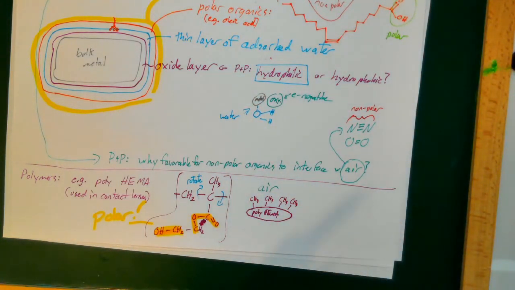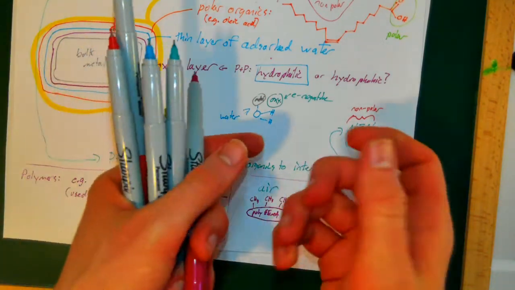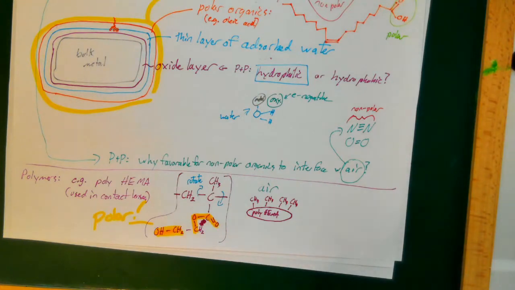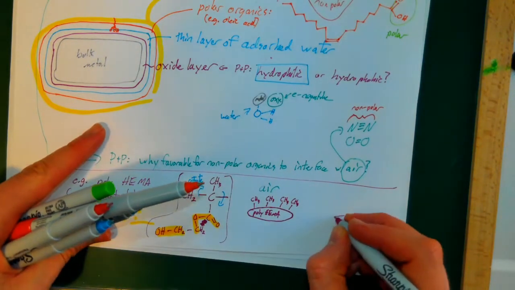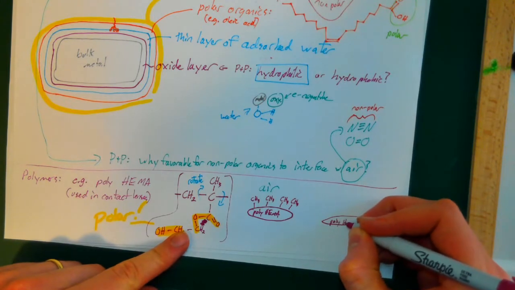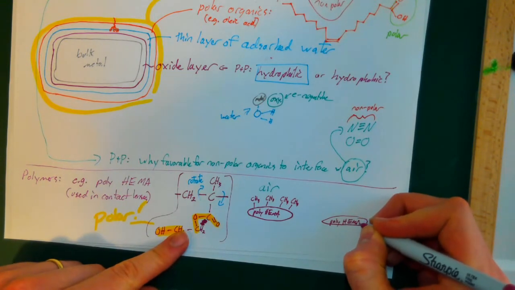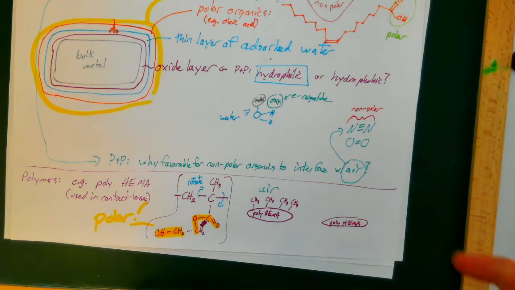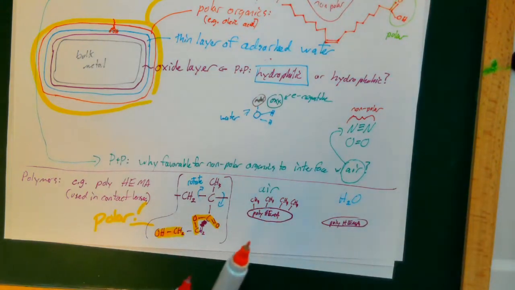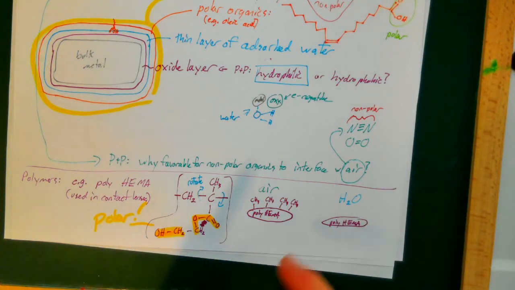But as soon as I take this polyHEMA and put it in my contact lens solution, or put it against my rather wet eyeballs, if I put it in contact with water, all of the polar groups end up turning themselves towards the outside.